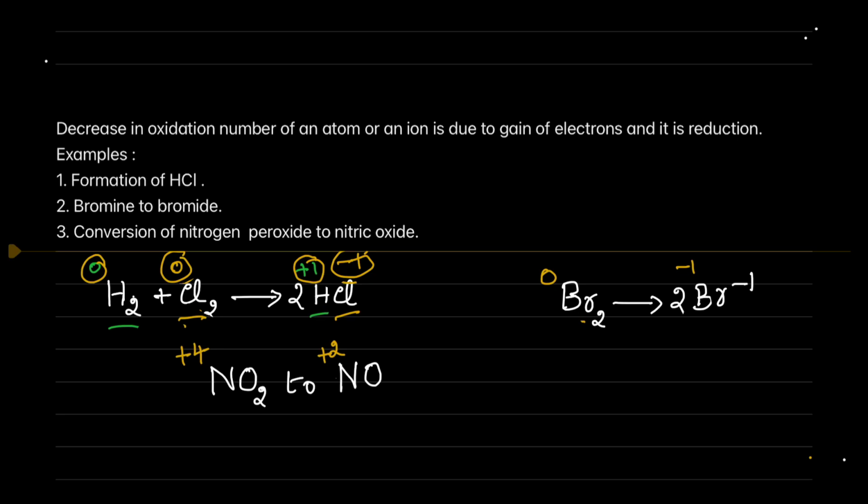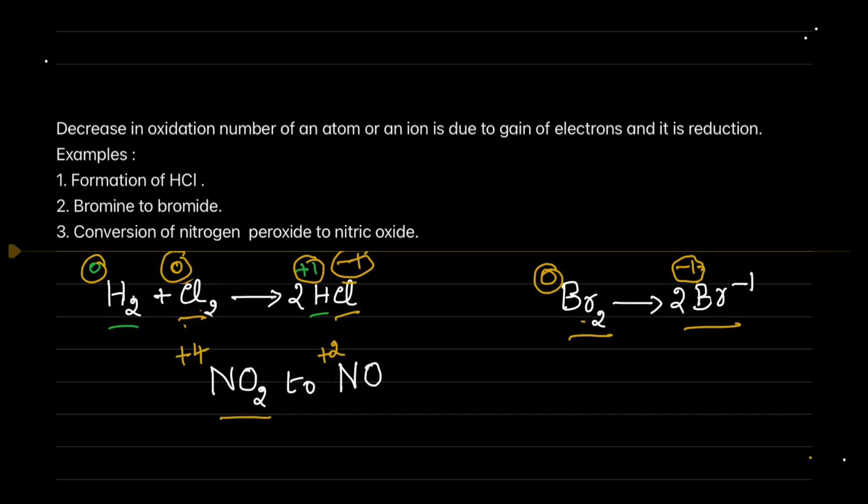Second one is conversion of bromine to bromide ion. Here, the oxidation number changes from 0 to minus 1. It is decreased. Therefore, it is reduction. Formation of nitric oxide from nitrogen peroxide.